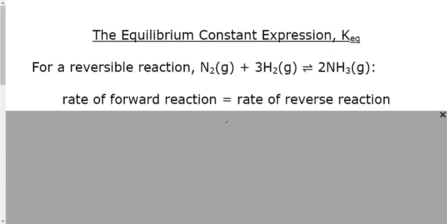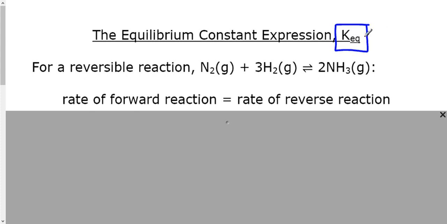So let's take a look at this K value. Our equilibrium constant expression is called KEQ. It's a capital K with a subscripted E and Q for equilibrium. Sometimes that's there, or sometimes it's just a capital K on its own. That will vary from source to source.